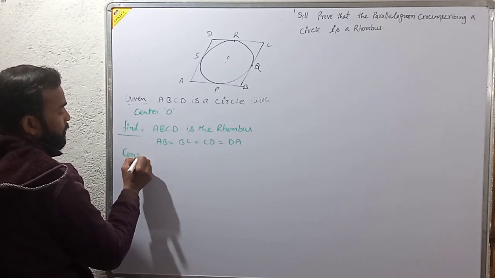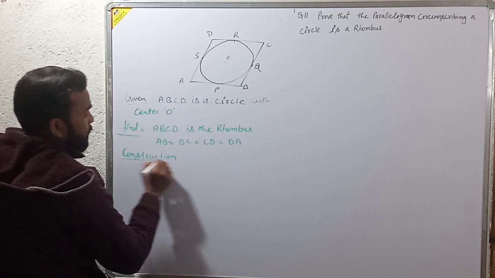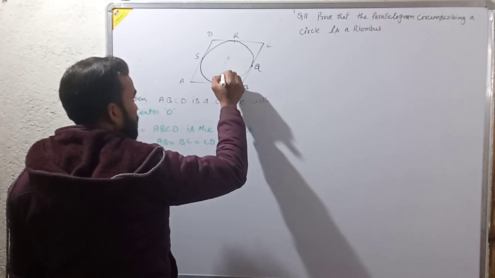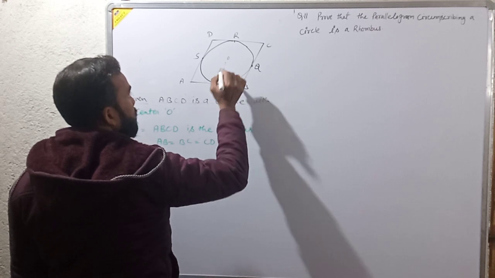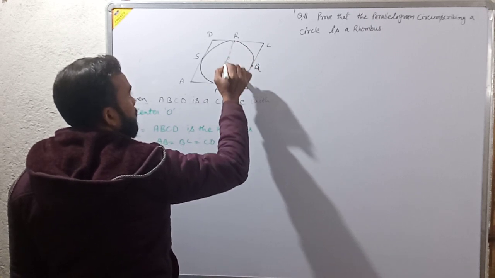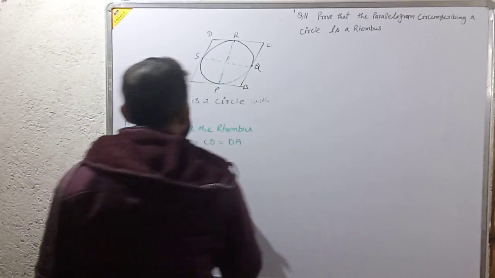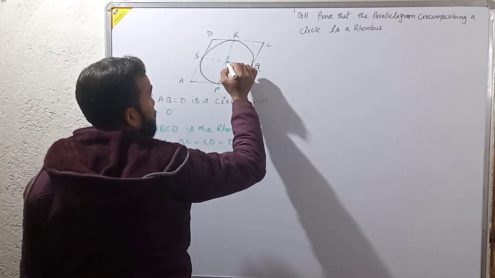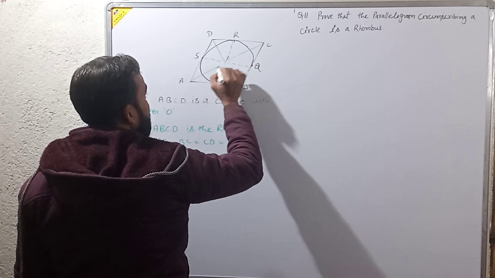Construction: in the figure, join P to O, R, Q and S, and this is also joined from points C, D and this.